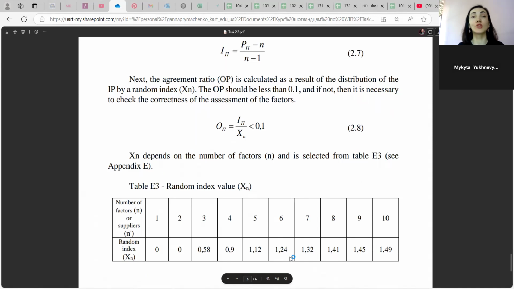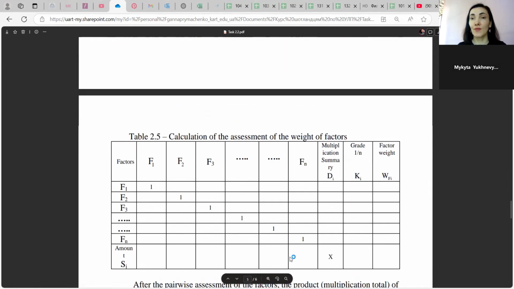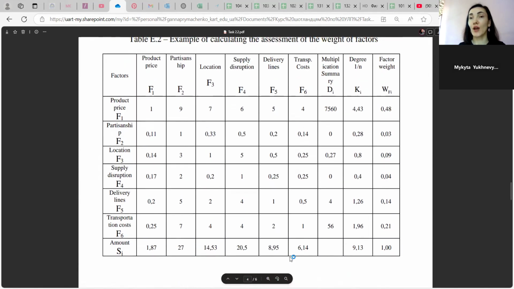The answer of this task 2.2 will be that we find the weights of all these factors. So you write that the factor weight for factor 1 is equal to, for example, 0.48, for factor 2, F2 is equal to 0.03, and so on for all factors up to factor F with index 6.